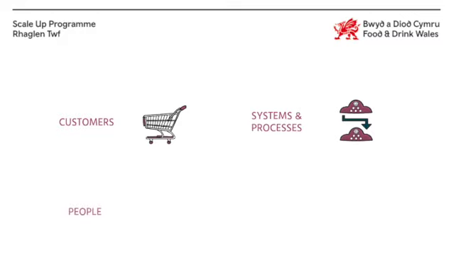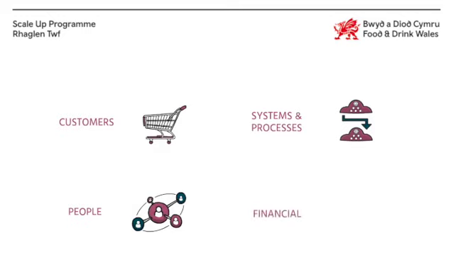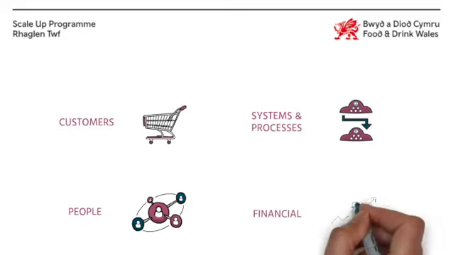People, which includes staff engagement, absenteeism, staff turnover, social impact of the business on communities, environmental issues and your carbon footprint. And financial. This is the only area we'll be looking at here.